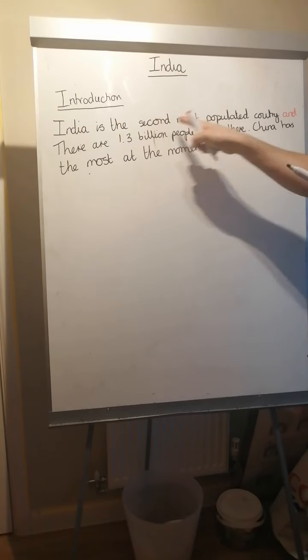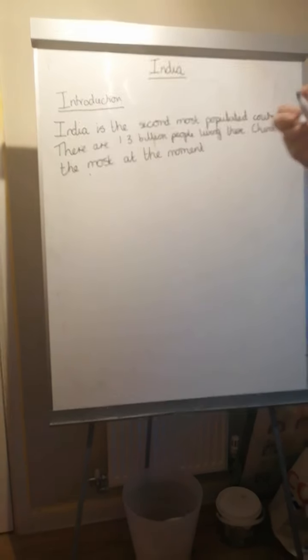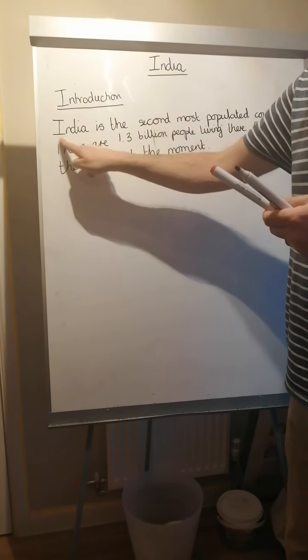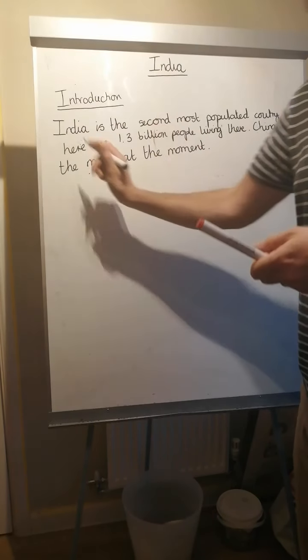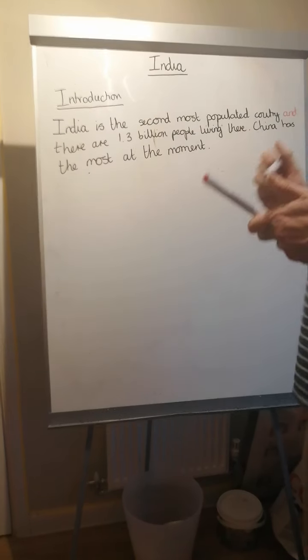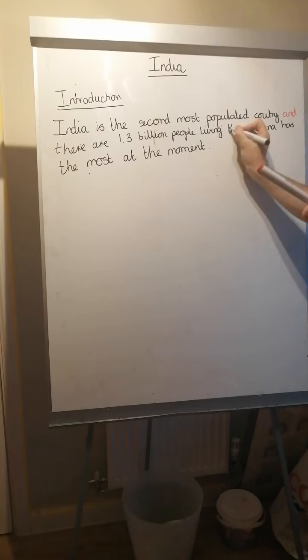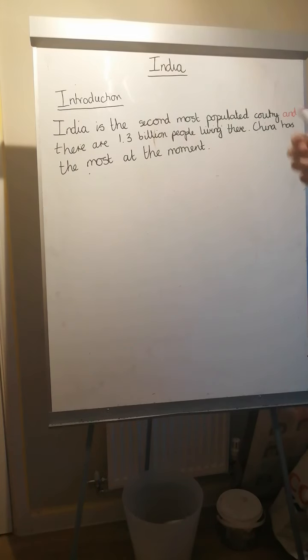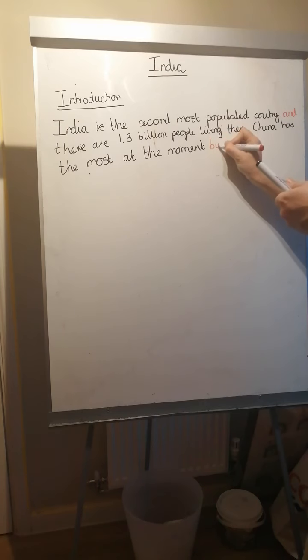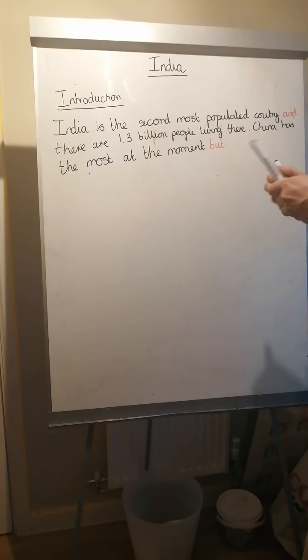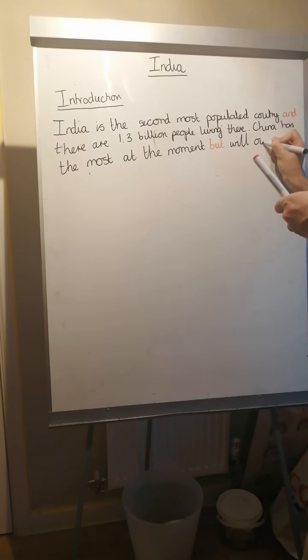So India is the second most populated country, and so because I've rubbed out the capital letter, the full stop, I need to make that a small t. And there are 1.3 billion people living there. China has the most at the moment, but will be overtaken in the next 10 years. That's what we found out. Overtaken is all one word.